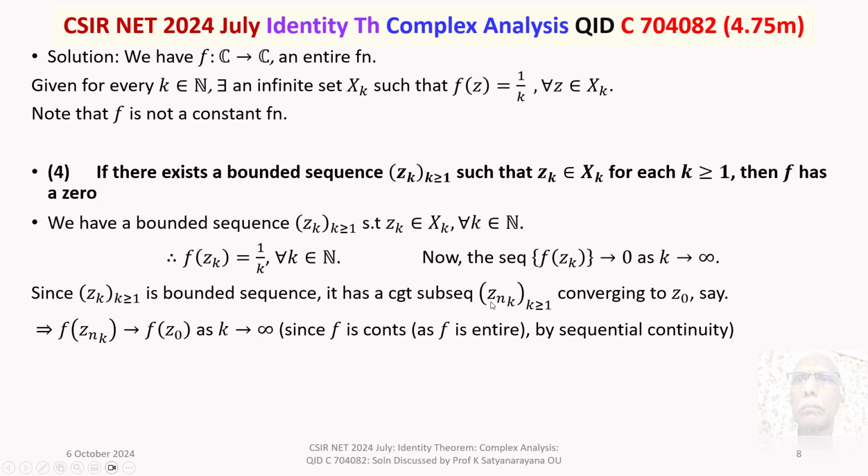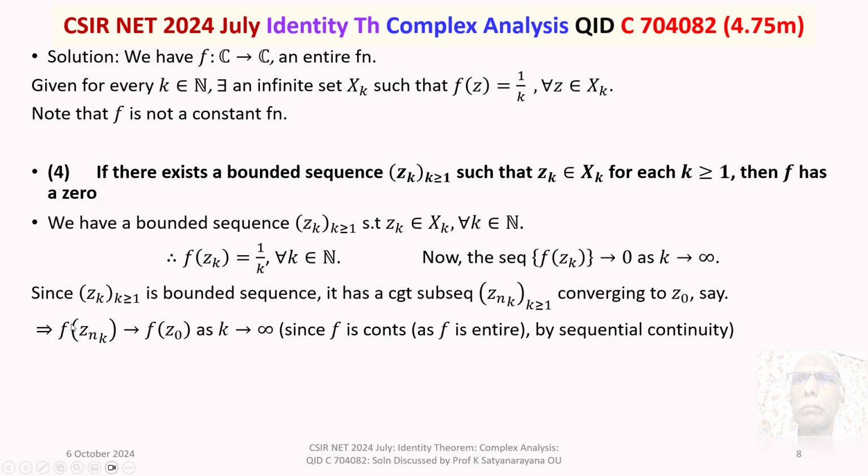But what is f(z_{n_k})? It is a subsequence of the sequence f(z_k). The sequence f(z_k) tends to 0, and every subsequence of a convergent sequence is convergent and converges to the same limit.